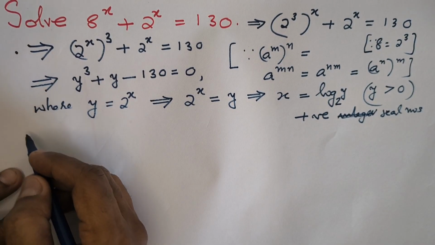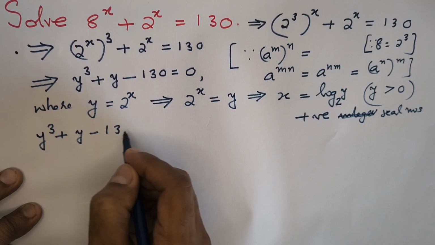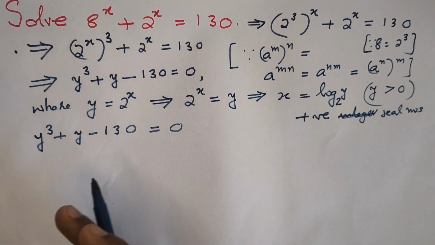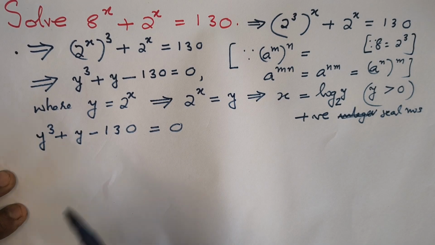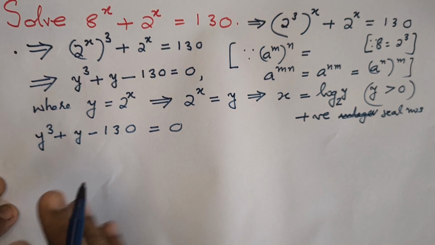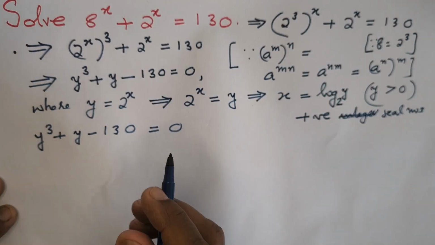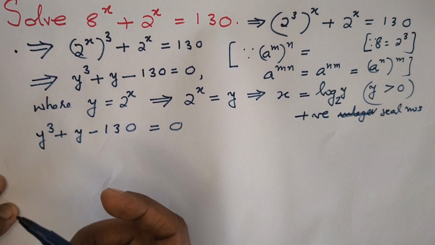Now let's come back to this equation. y cube plus y minus 130 equal to 0. In all higher degree equations, I mean anything above a quadratic equation, at Olympiad or SAT level, one of the roots or solutions will be an integer, which you can easily identify by just looking at the equation.